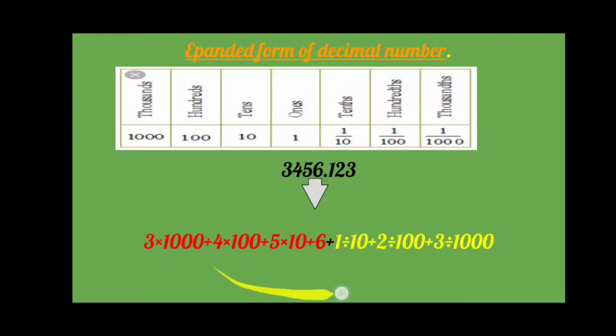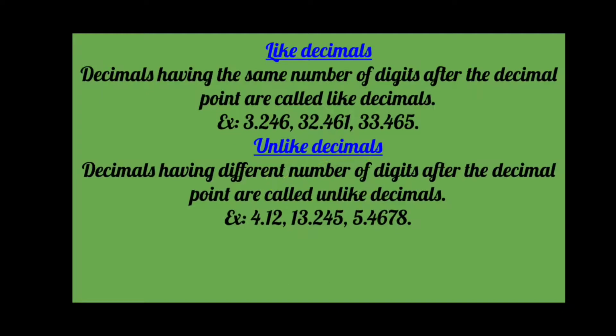These are just the opposite of the numbers on the right side, after the point. 1 is in the 10 place, so it will be divided by 10. 2 will be divided by 100, and 3 will be divided by 1000. So this is the expanded form of this decimal number.